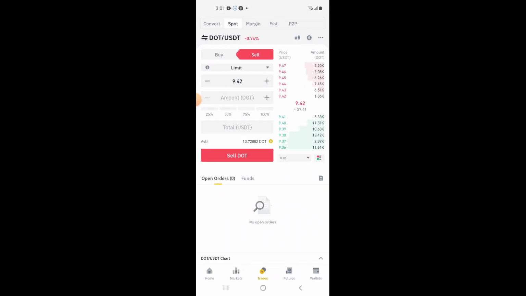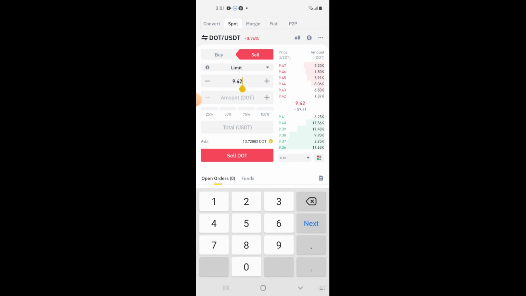So we click sell, and then we change this to a higher price than 9.43, like 9.50, 9.60, something higher. And then we choose how much we want to sell.